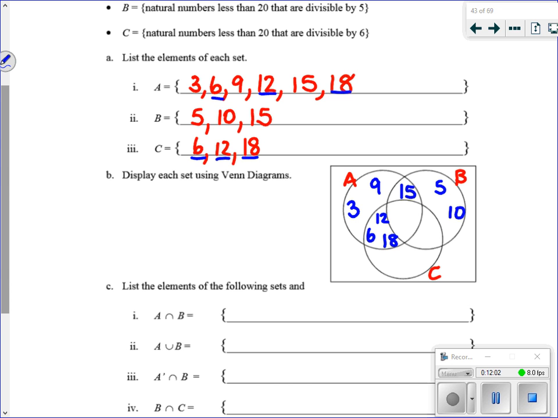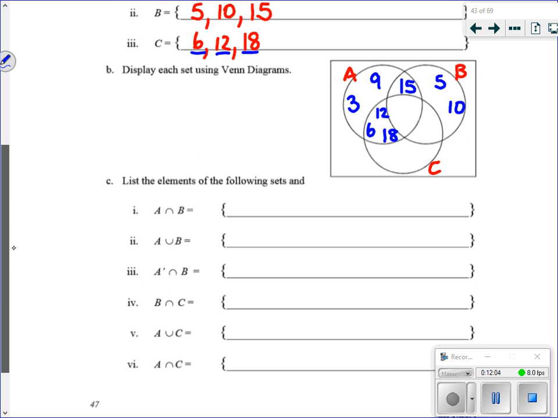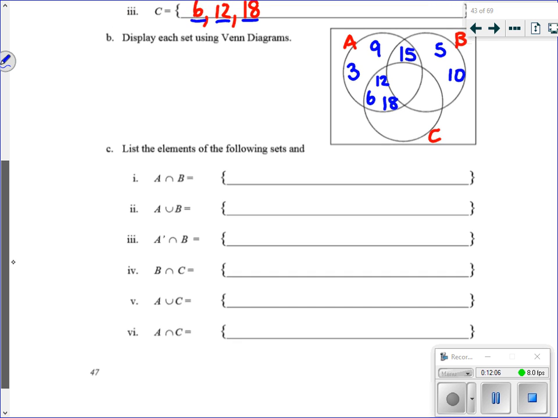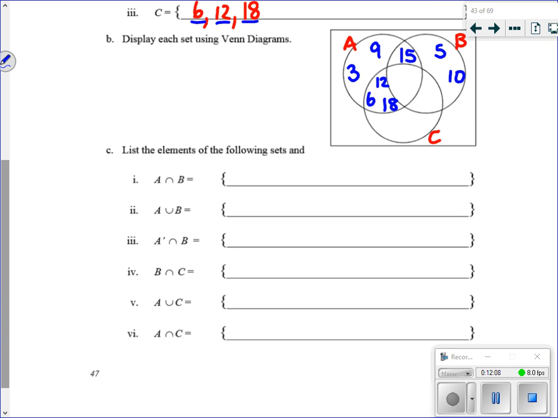Okay, so let's use the Venn diagram that we have created to answer the questions in C. Number 1 says A, what is this symbol again? It looks like an N. Intersect, right, where A intersects B. Okay, what elements lie in the section here where A intersects B?